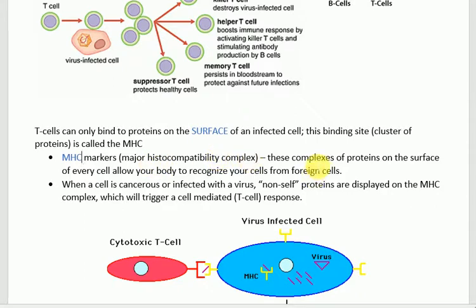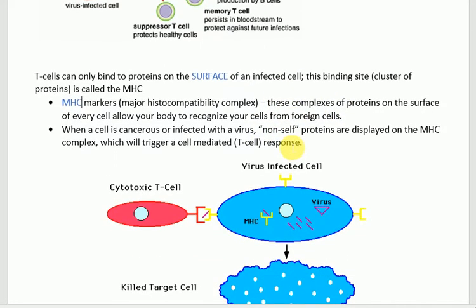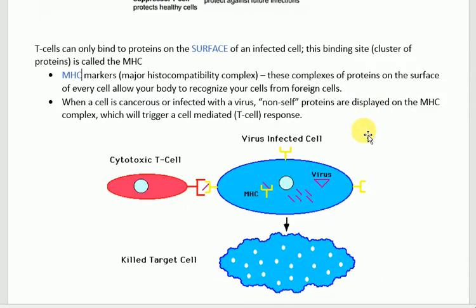These complexes of proteins on the surface are on every cell. And basically what they do is they allow your body to recognize your cells compared to foreign cells so that they do not attack your cells. So when a cell is cancerous or infected with a virus, non-self proteins are displayed on the MHC complex. And this is going to trigger a cell-mediated or T cell response.